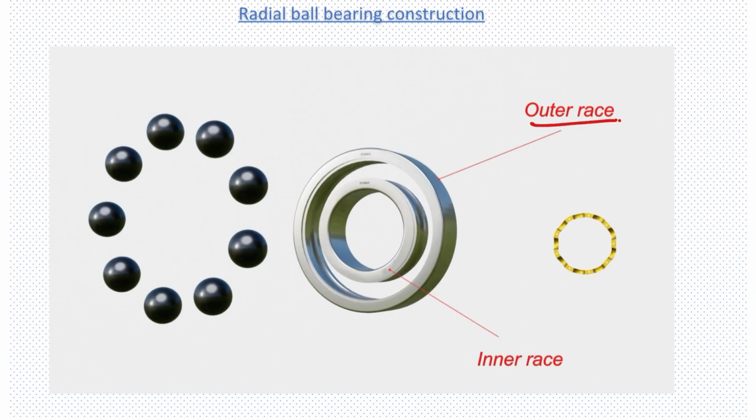This is the outer race and this is the inner race, and the groove we see inside is called the runway, where the balls are rolling over. This is the retainer, which keeps the balls in position.